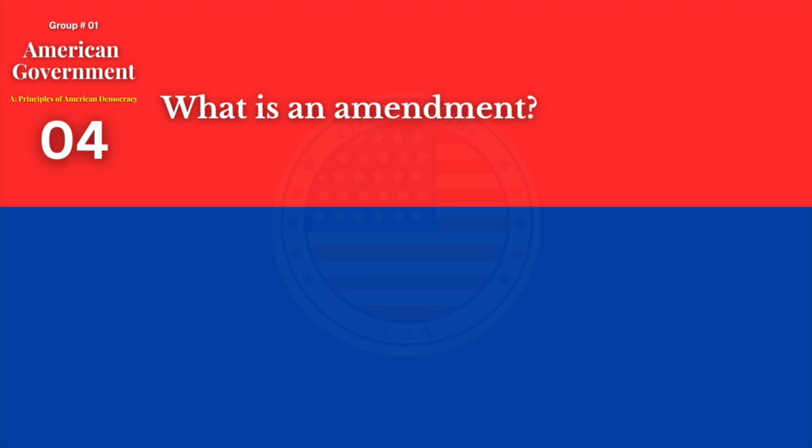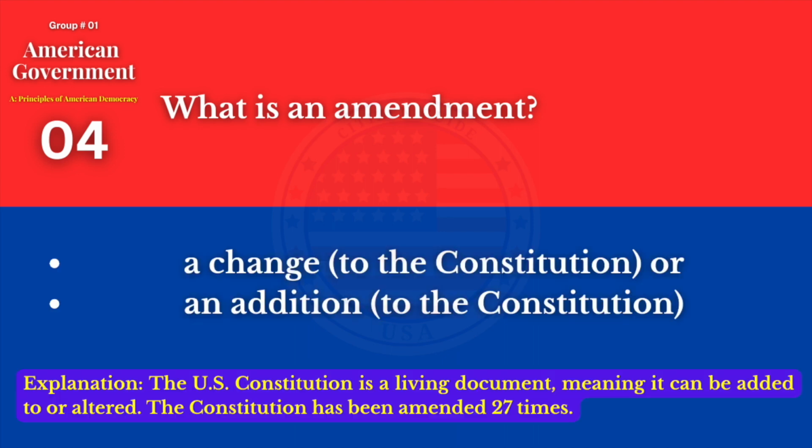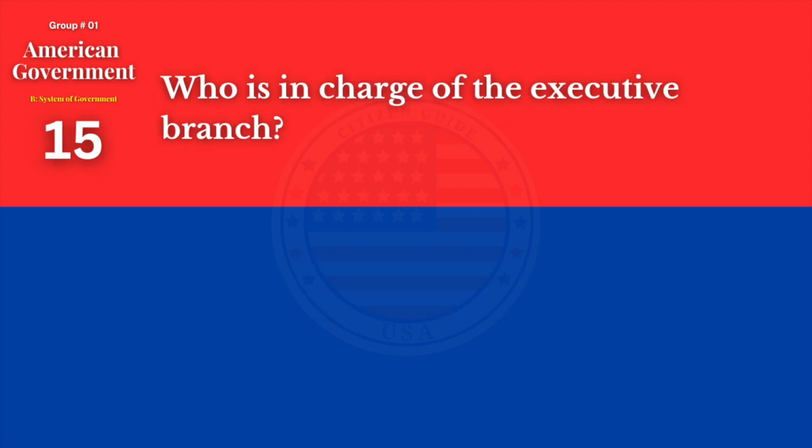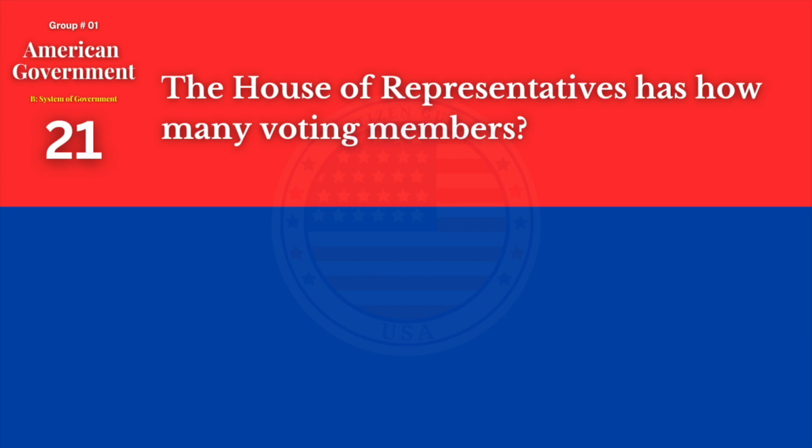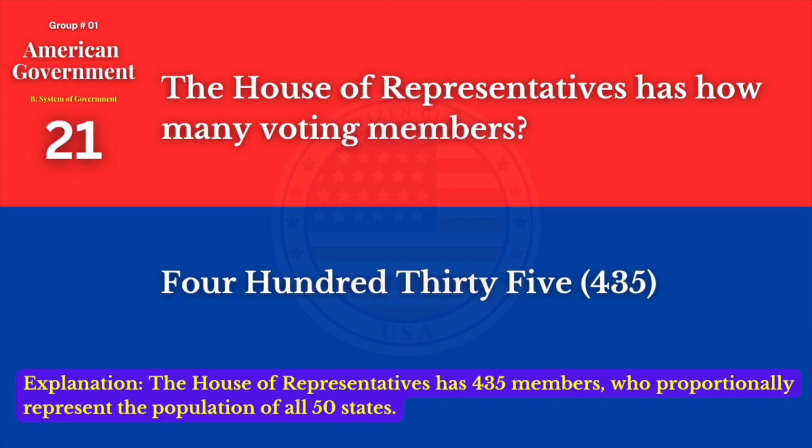What is an amendment? A change to the Constitution. Who is in charge of the executive branch? The President. The House of Representatives has how many voting members? 435.